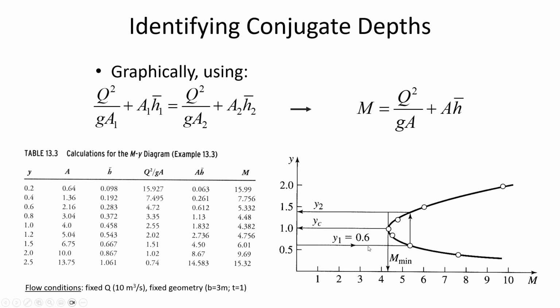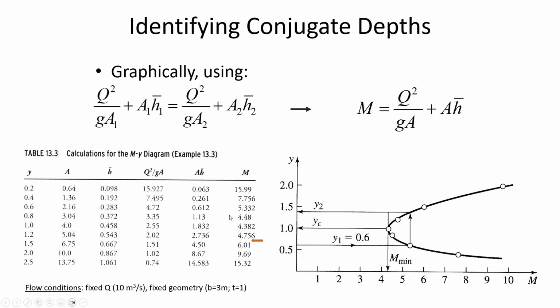So here, if your original supercritical depth was 0.6, then you'd find how much momentum there is at that depth, and then find the depth that has approximately that same amount of momentum. We could do goal seek and let y change until the momentum is equal to the momentum amount we knew we had with the original upstream supercritical depth.